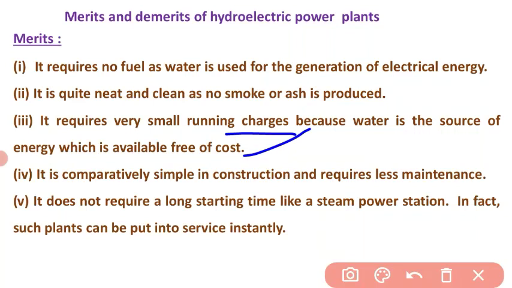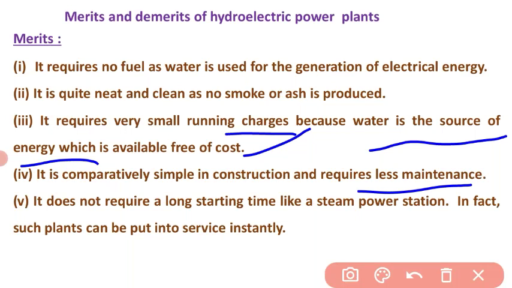The running charge is the expenditure involved in generating the electricity; fuel in terms of coal is used here, so coal cost will be there. But in a hydropower plant, water is the source of energy, which is available free of cost. Next one is, it is comparatively simple in construction and requires less maintenance.